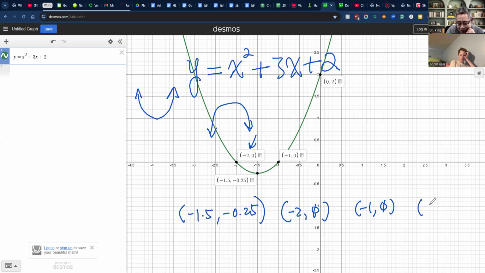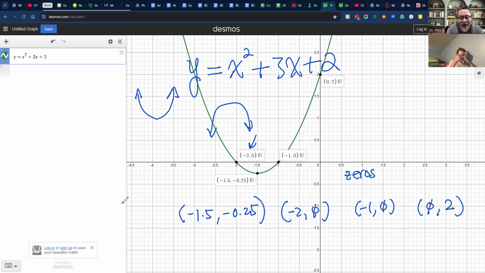And lastly is the y-intercept. Good. So I just give that in this order: the vertex point, the zeros, and then we got the y-intercept.